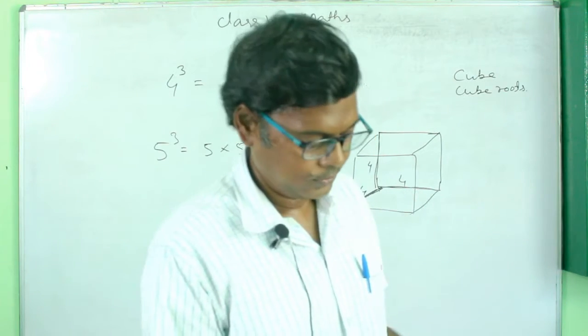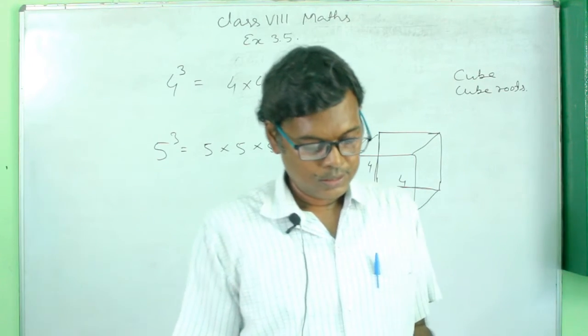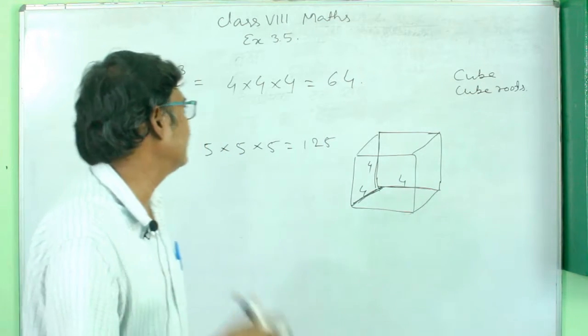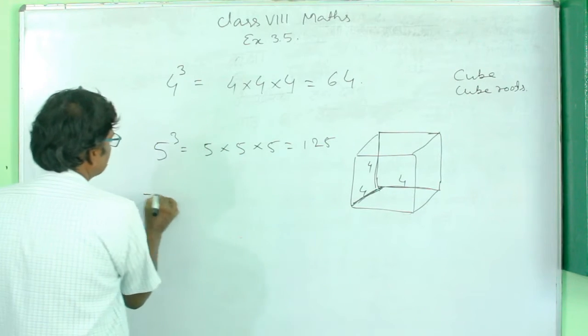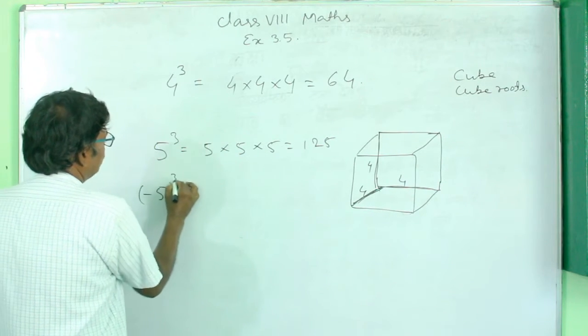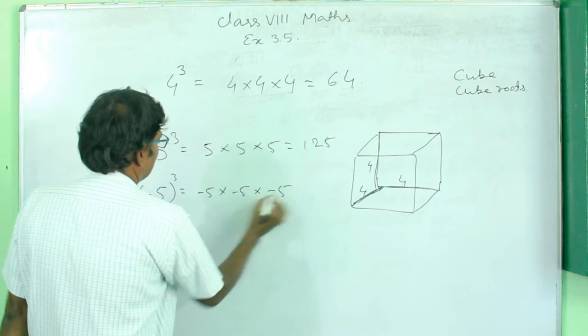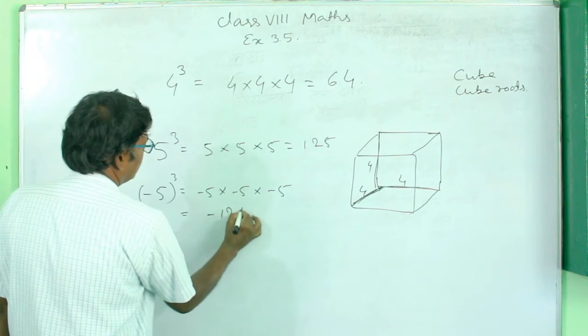The next is if you have a negative number, suppose minus 5, then its cube will be negative: minus 5 into minus 5 into minus 5, this will be minus 125.